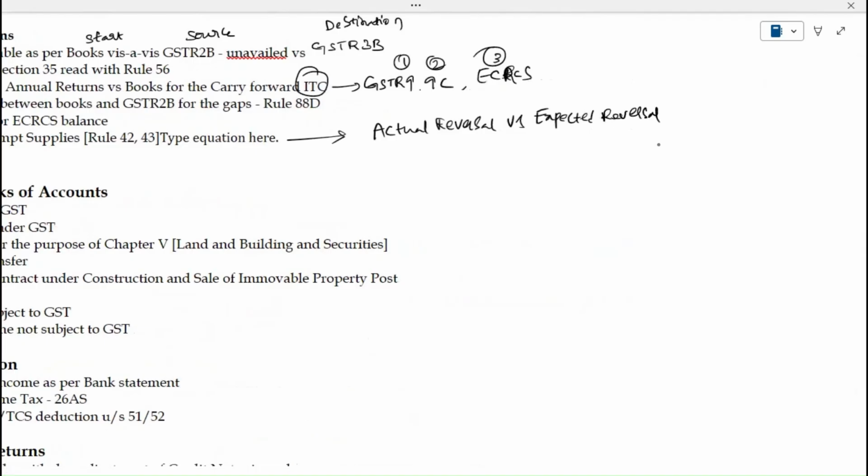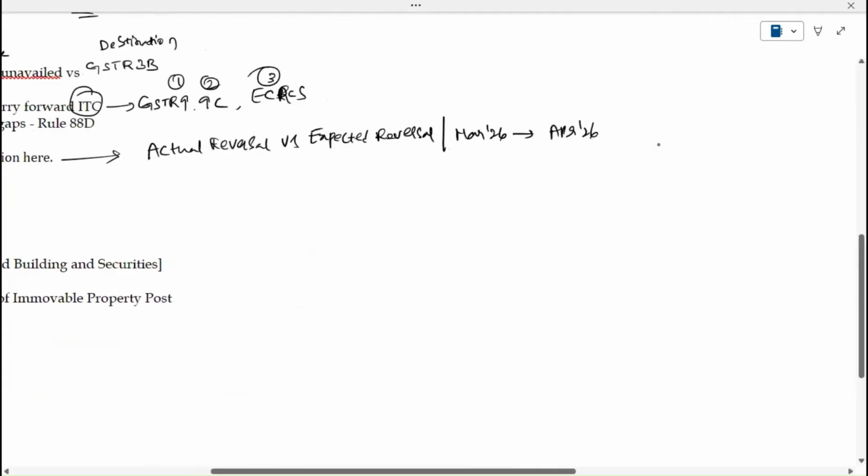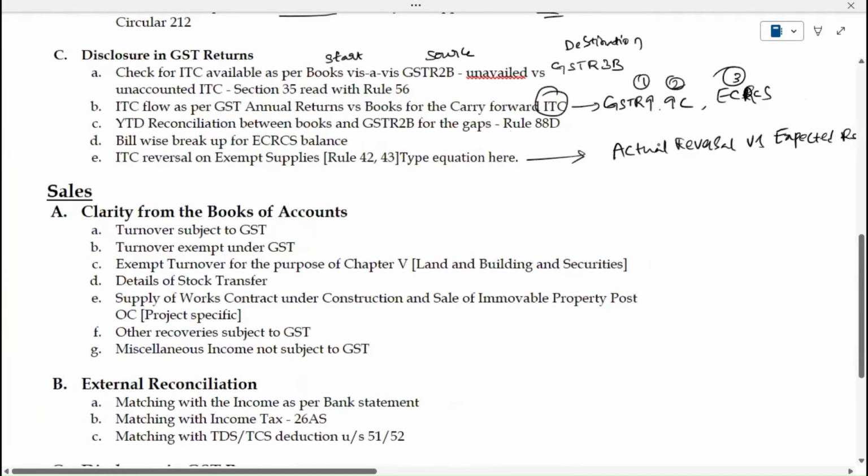This by the end of March, I have to calculate and disclose in the April return. I have a time limit till September to reverse. If I don't reverse in April, I need to pay interest for these particular exempt supplies.